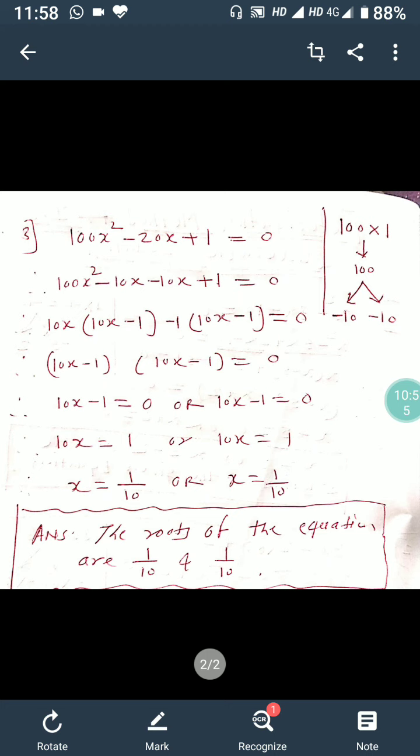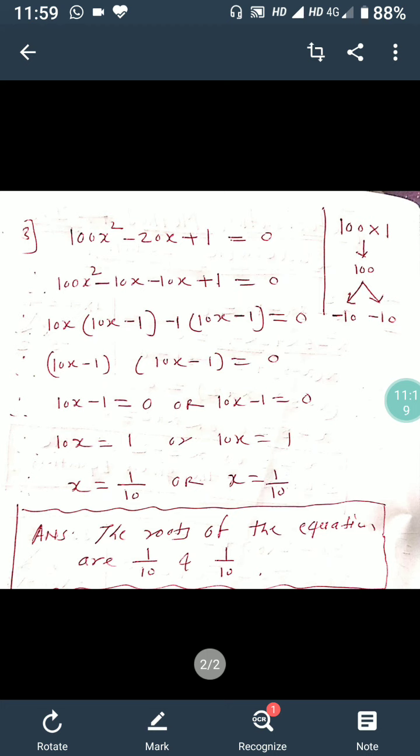So minus 1 in bracket 10x minus 1 is equal to 0. What I told here I am repeating: whenever no number is coming common, you should take minimum 1 as a common. And in order to get 10x minus 1 as a bracket, here minus 1 will be common. So minus 1 in bracket 10x minus 1 bracket complete is equal to 0.